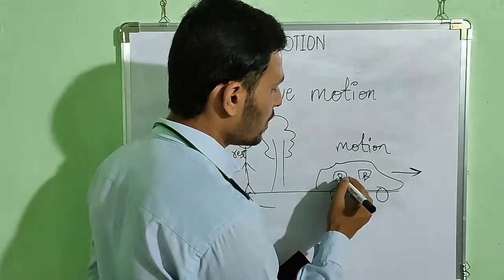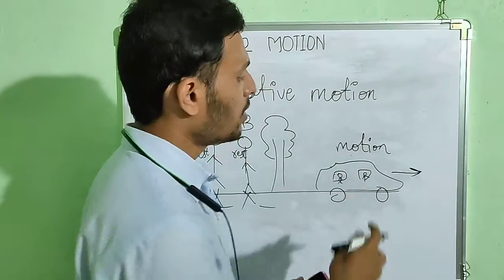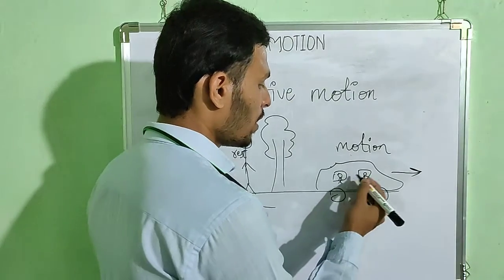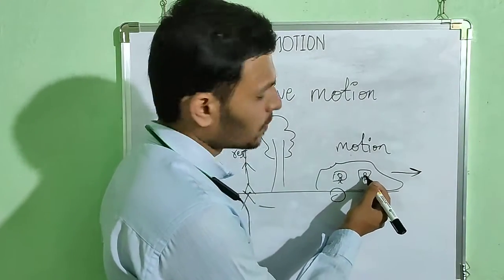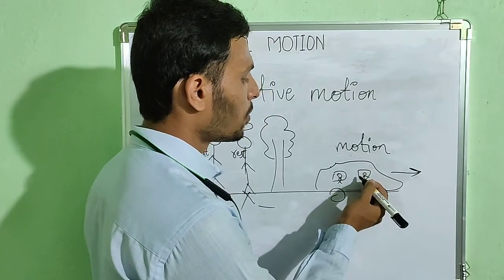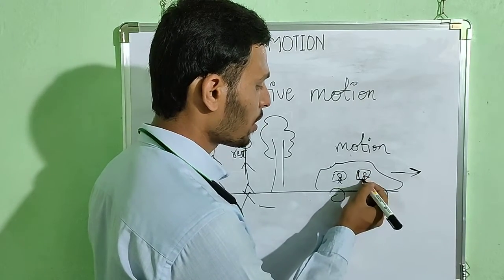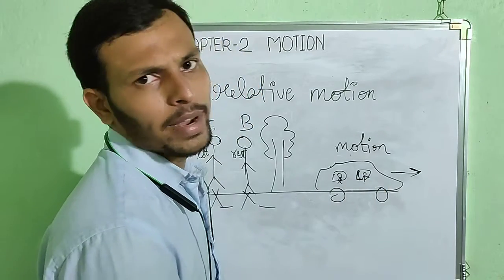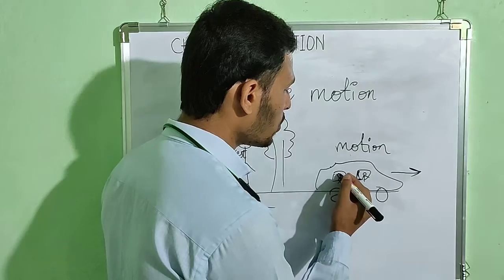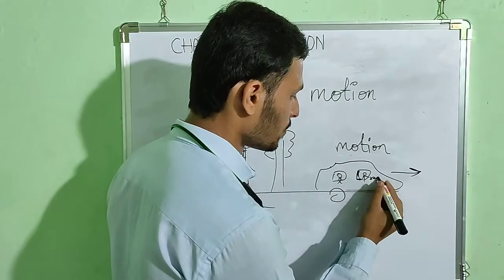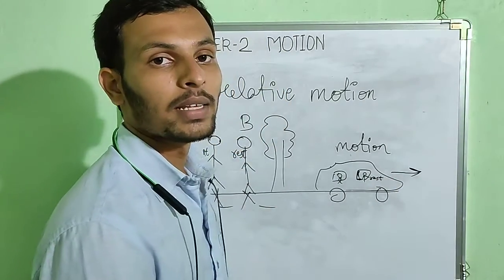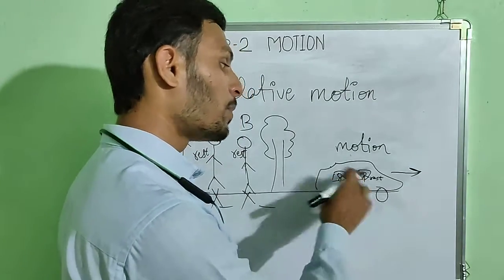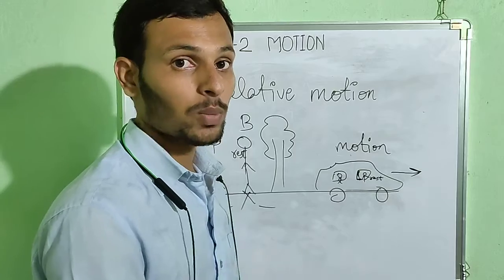Now let us consider my observer is a passenger in the car. So according to him, is he moving? According to surrounding objects, like consider a seat over here, is he moving? According to this observer, he is at rest. See, though the car is moving, the person inside the car is not moving.